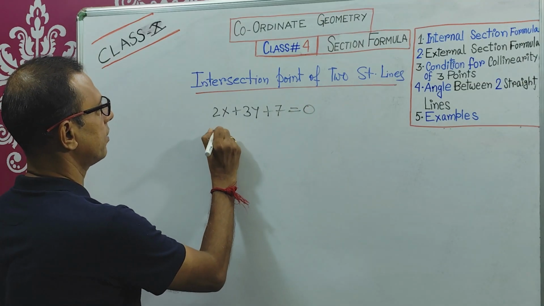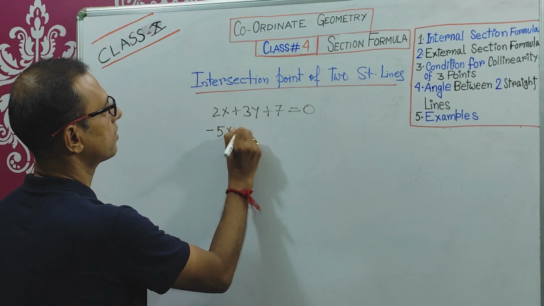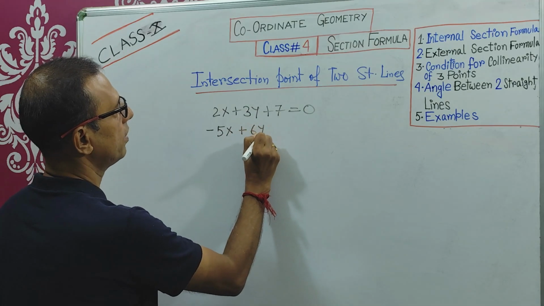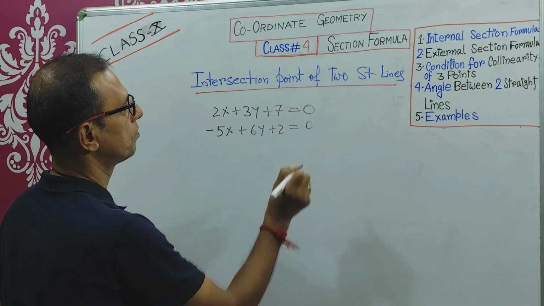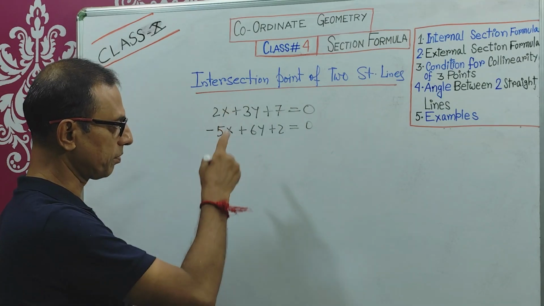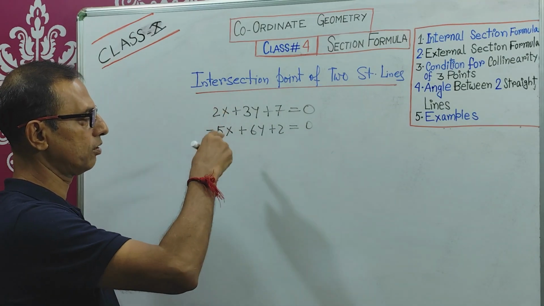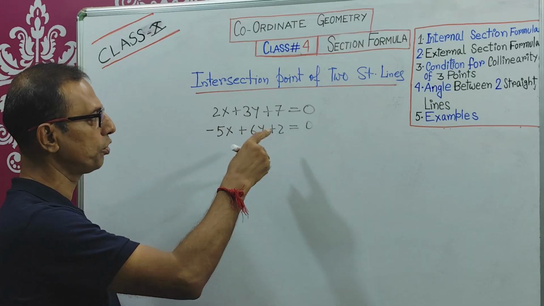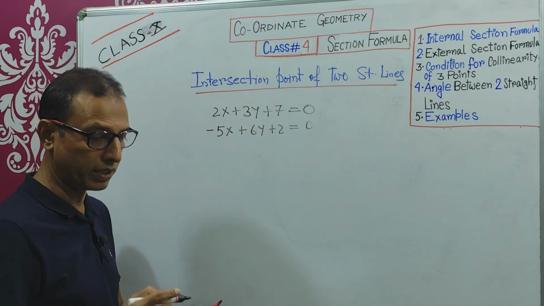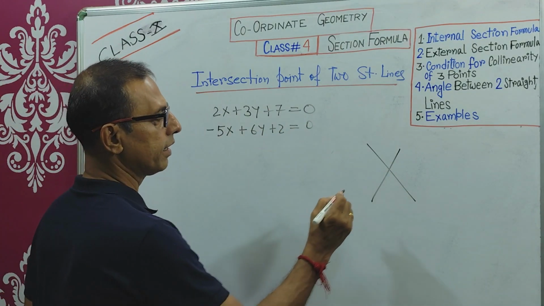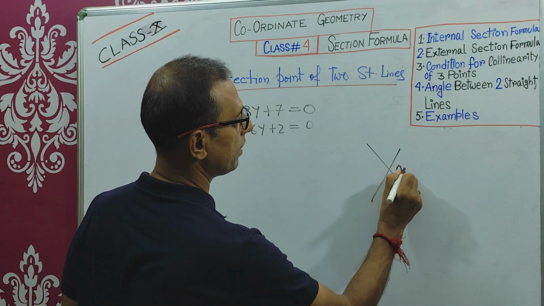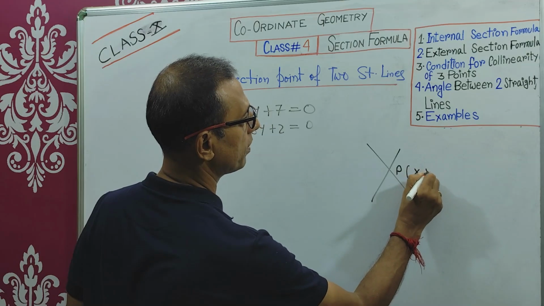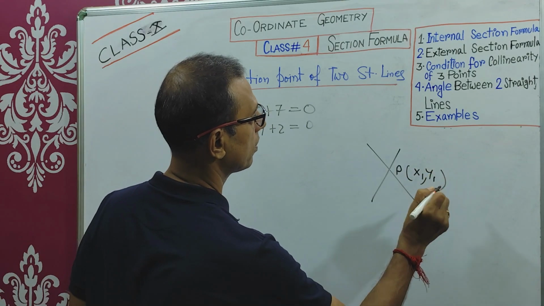Another line is given as minus 5x plus 6y plus 2 equals 0. I'm just giving you the concept. I will not solve the entire problem, but I will show you how and why. Let's say the intersection point of the two lines is P, with coordinates x1, y1.